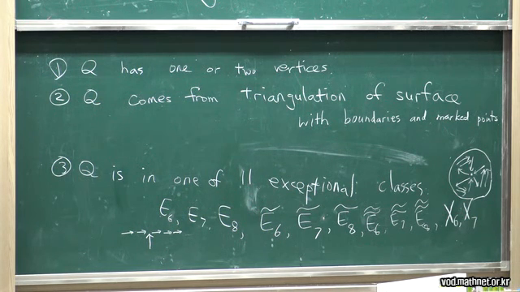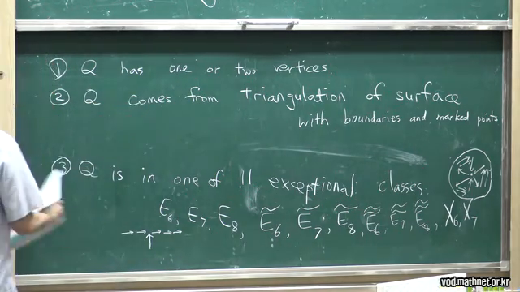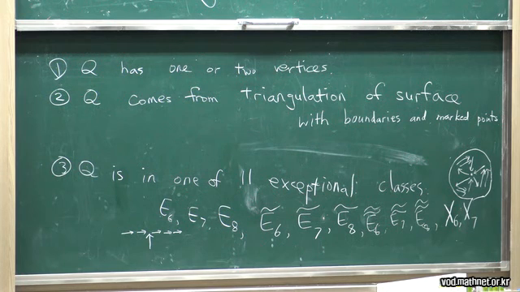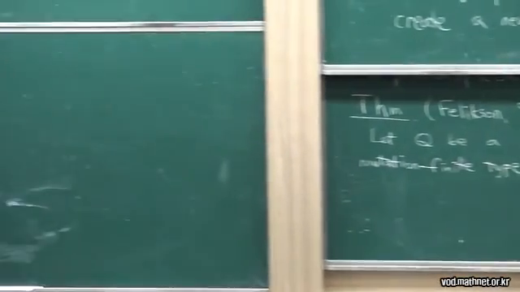Okay, so I need to say why a quiver can come from a triangulation. So if I have a surface, arbitrary surface, arbitrary genus, but for simplicity, let's just take a look at a partial triangulation.